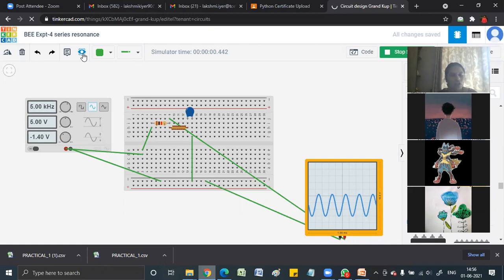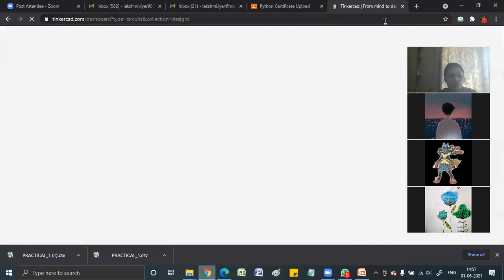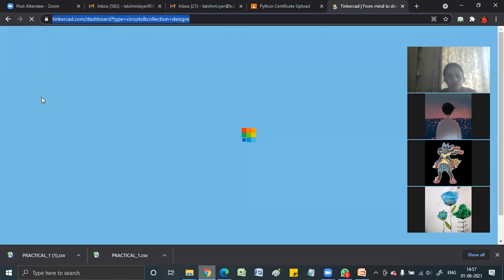Go to tinkercad.com. Create a new circuit.